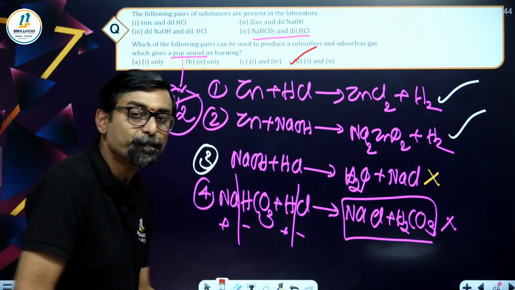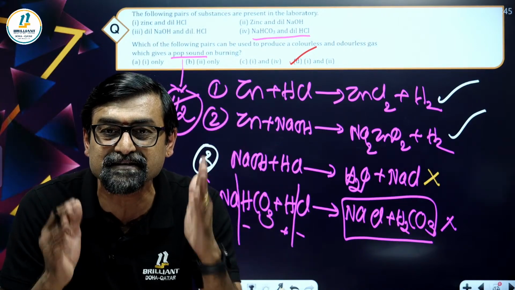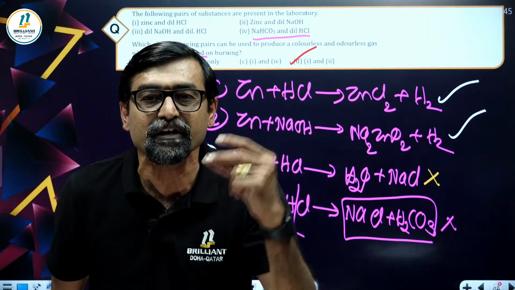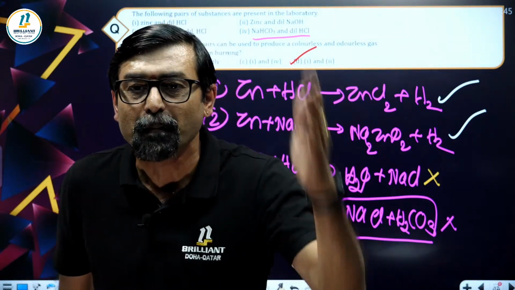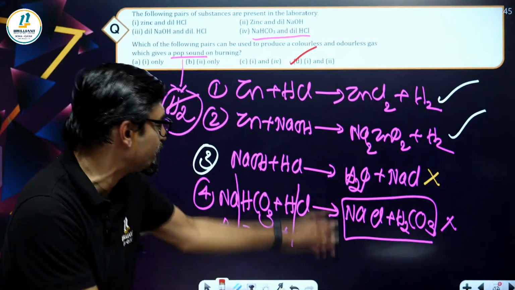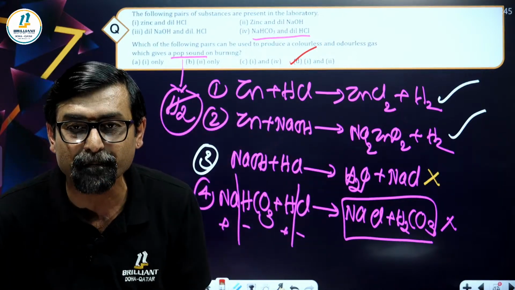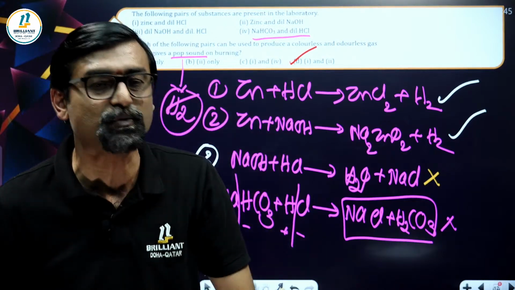Listen, children, here. As per the records, everywhere you can see that when a metal carbonate reacts with an acid, it gives us salt, water, and carbon dioxide. But why has Sudhir Singh given you H2CO3? Is he wrong? Definitely not. H2CO3 is actually formed.